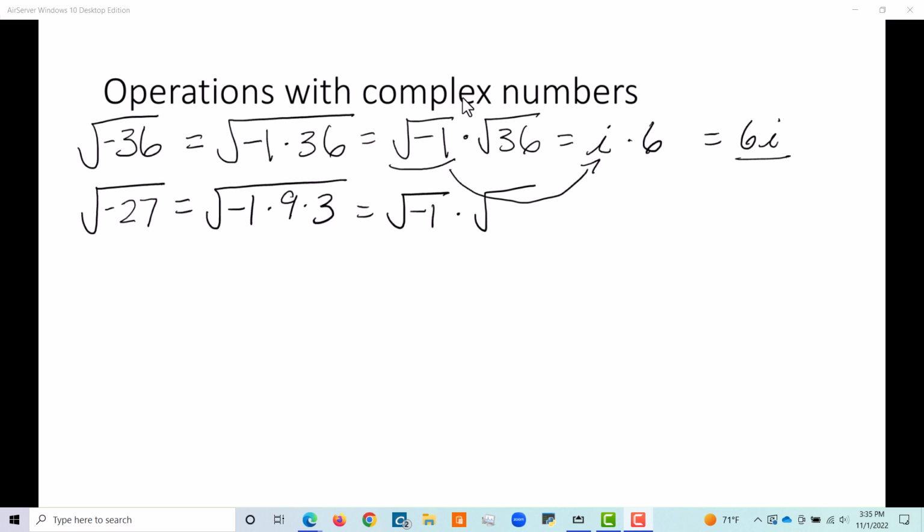I'll have the square root of -1 times the square root of 9 times the square root of 3. The square root of -1 is i, the square root of 9 is 3, and the square root of 3 stays under the radical. Square root of -27 simplifies down to 3i times the square root of 3.